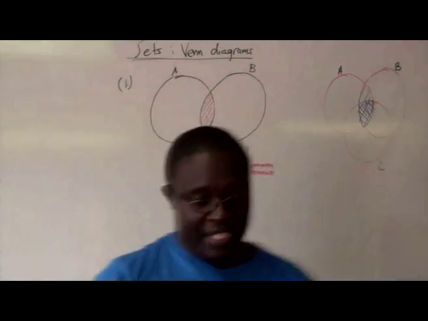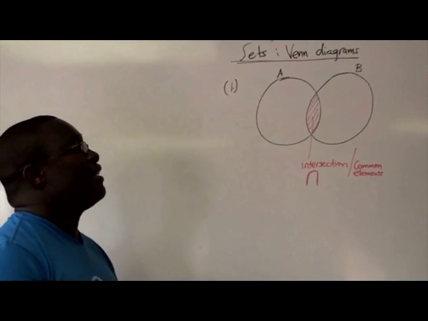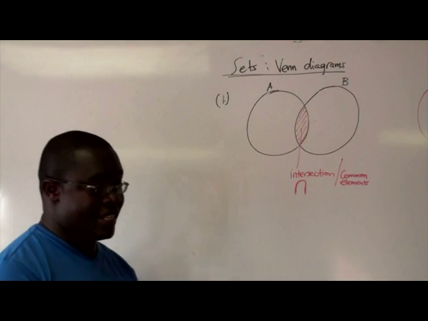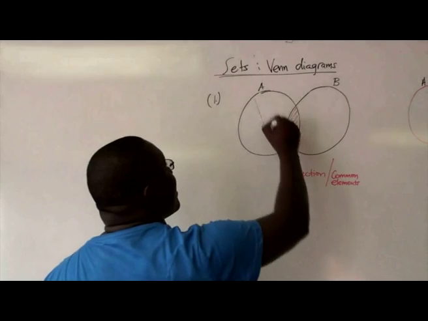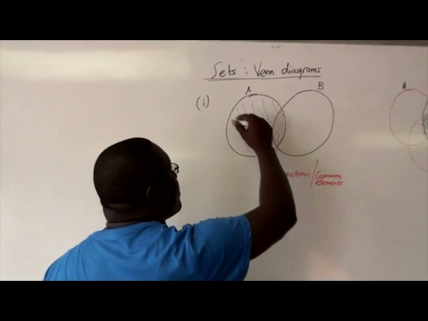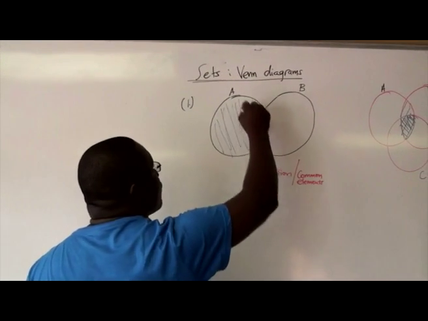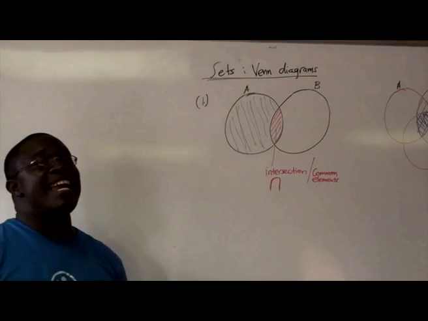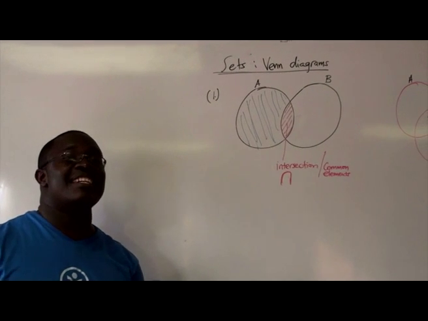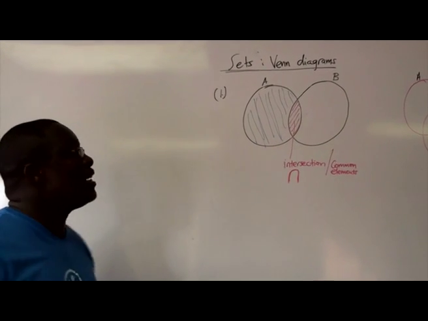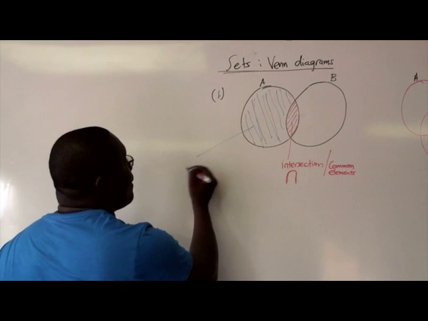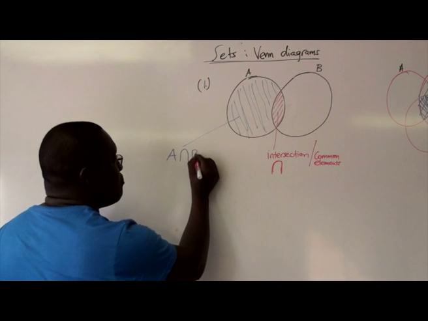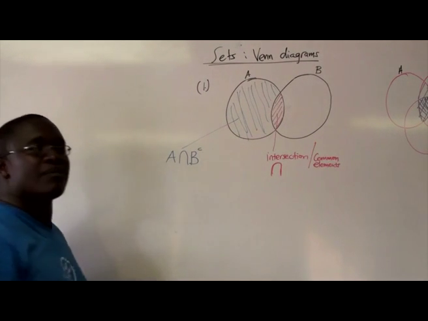Now, going back to our original diagram, you'll see that if the red part is the intersection, then what about this blue part here? What do we call this blue part? The blue part represents the area in A that is not in B. So in other words, this blue area, we'll call it A intersection B complement.